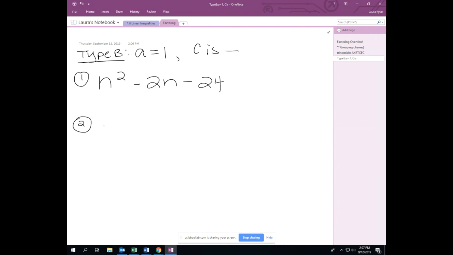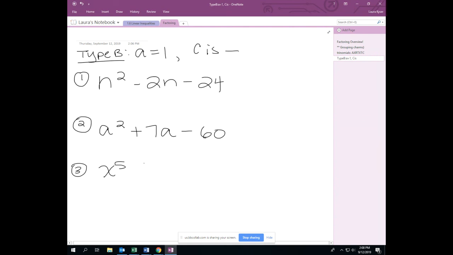Let's use a squared. I don't like using these other letters, but it's fine. Plus 7a minus 60. Let's do, I'm going back to x. Let's do x to the 5th. And again, we'll talk about this in a sec.